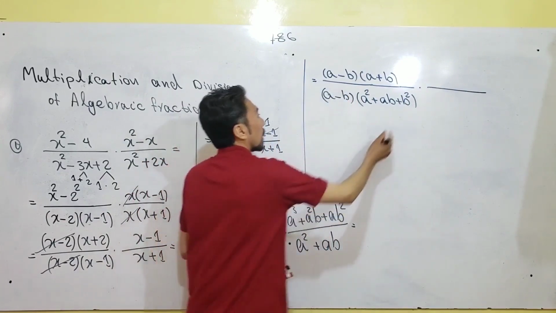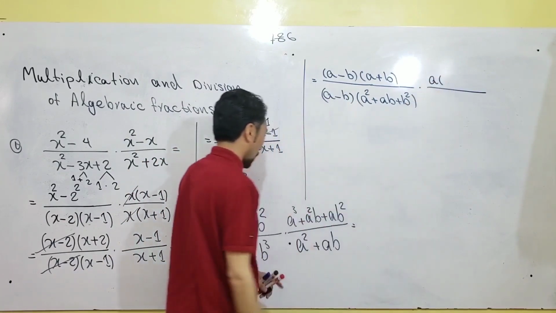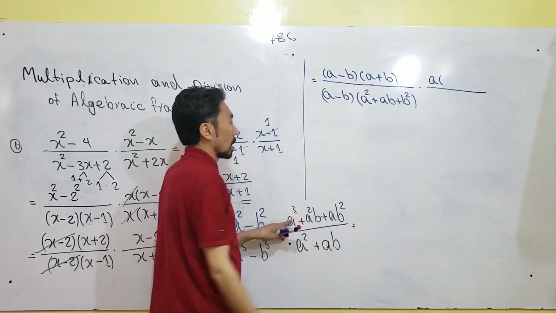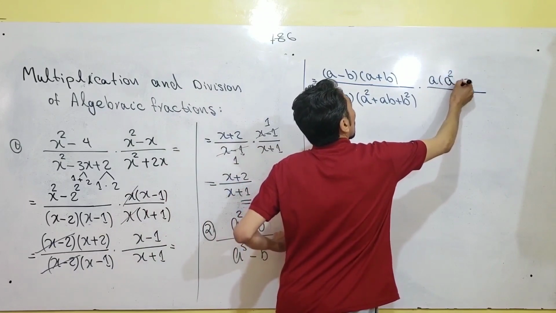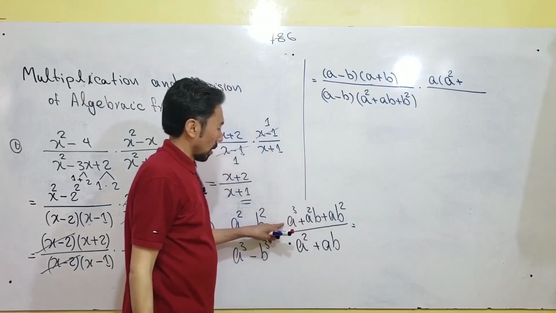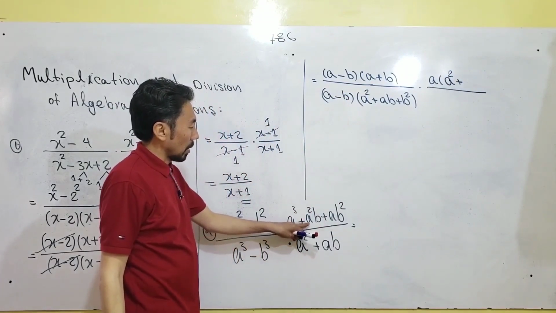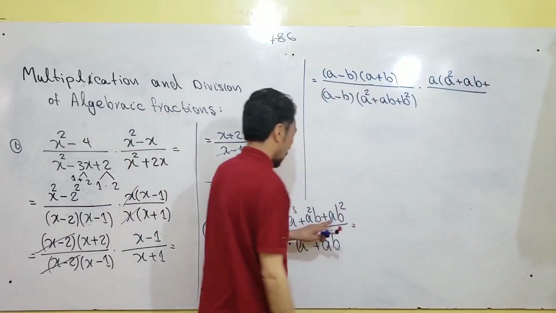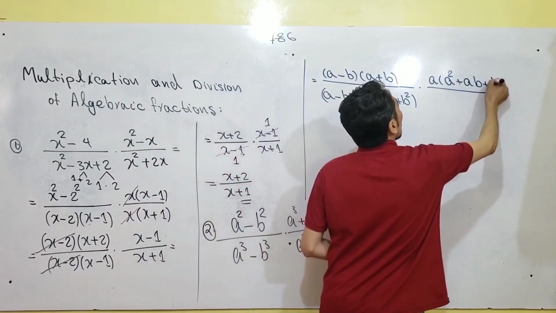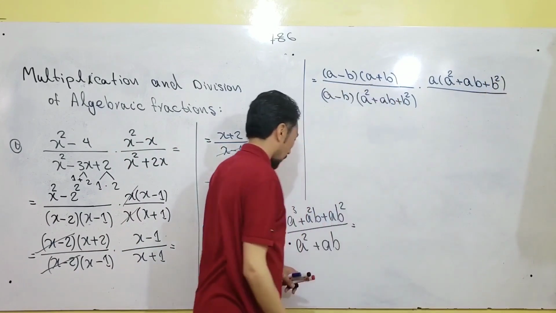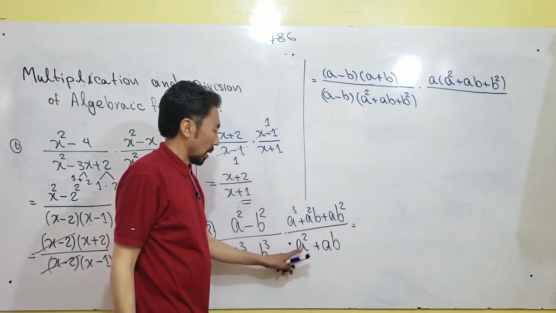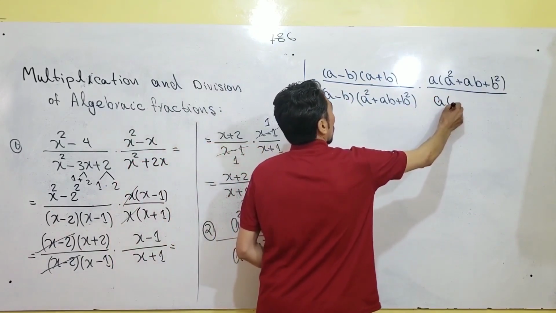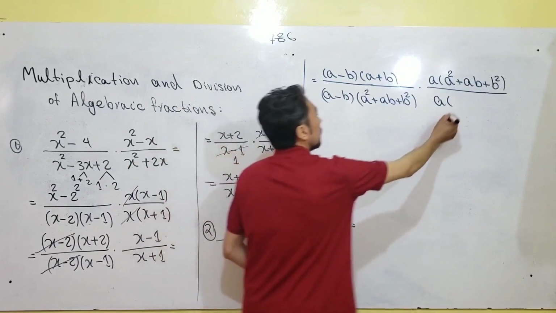We bring out the a, here remains a squared, and here remains a multiplied by b, ab plus b squared, over, also bring out a from both of the terms. We have a multiplied by (a plus b).